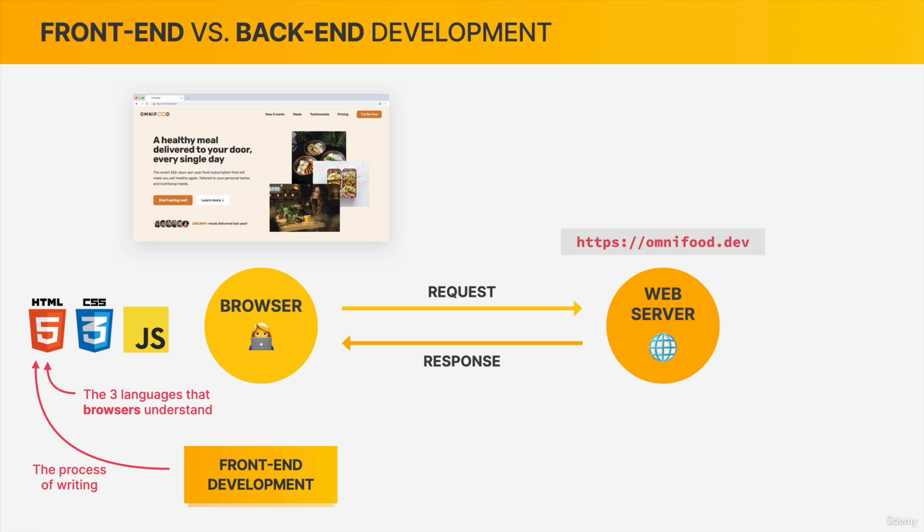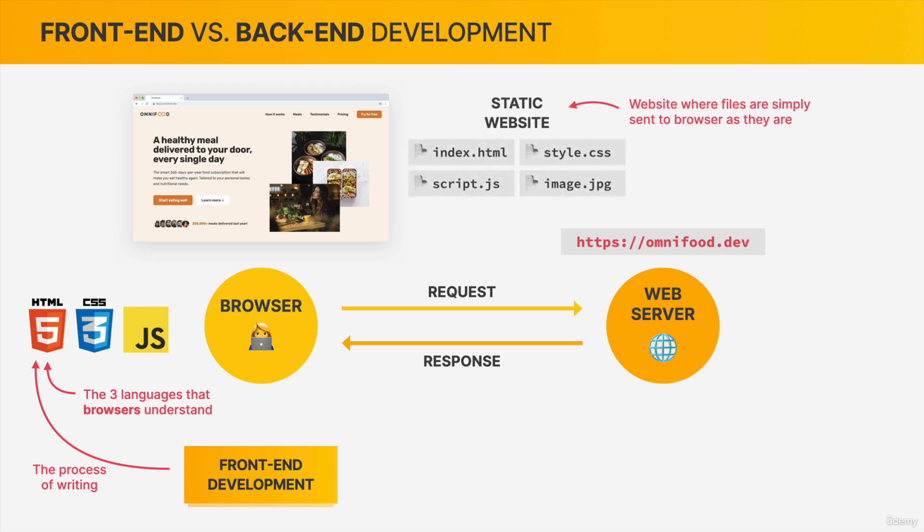Now, just as a side note here, whenever the files that make up the website are simply stored on the web server and are then sent to the browser as they are, we say that we have a static website. Okay? And this will make a little bit more sense in a minute when we talk about what a dynamic website is.